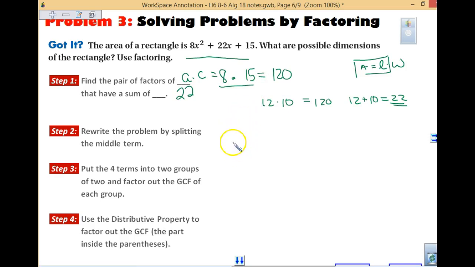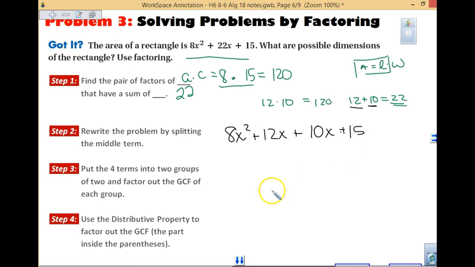So we're going to rewrite. If I'm starting to rewrite, all right, Lainey, you ready to give it a shot? 8x squared, 12x, and plus what else? So you did this one, so now I also have to have the 10. And then we're going to have plus 15.